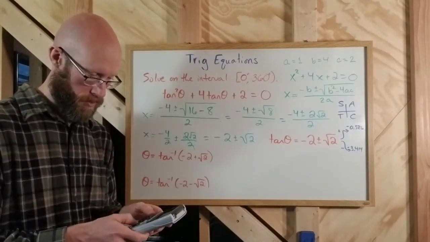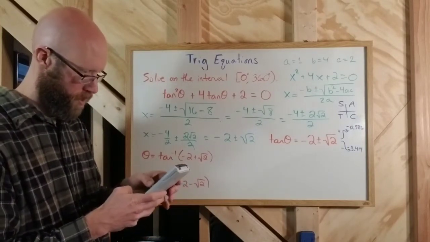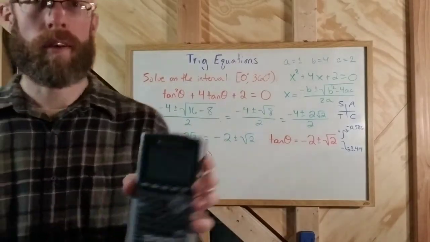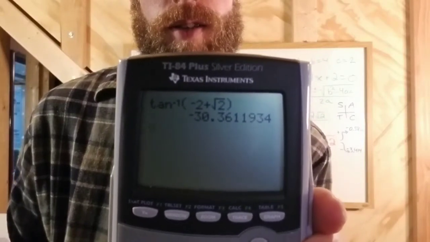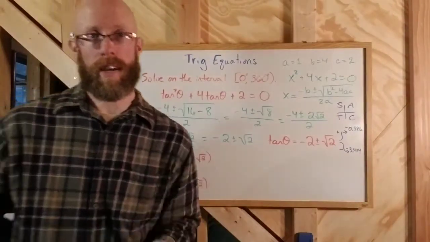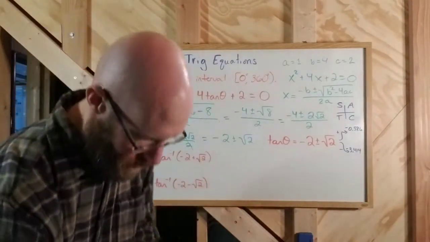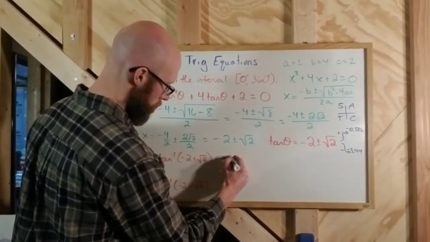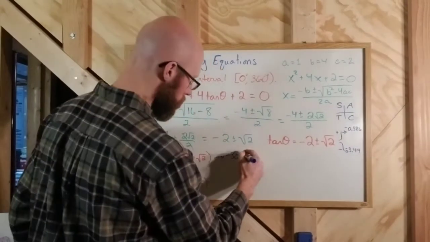So, inverse tangent, negative 2 plus square root 2, negative 30.4 roughly. Now what quadrant is that in? Well, it's the fourth quadrant, right? It's a negative angle between 0 and negative 90. So it's a fourth quadrant angle. So that tells me negative 30.4. That's an approximate.